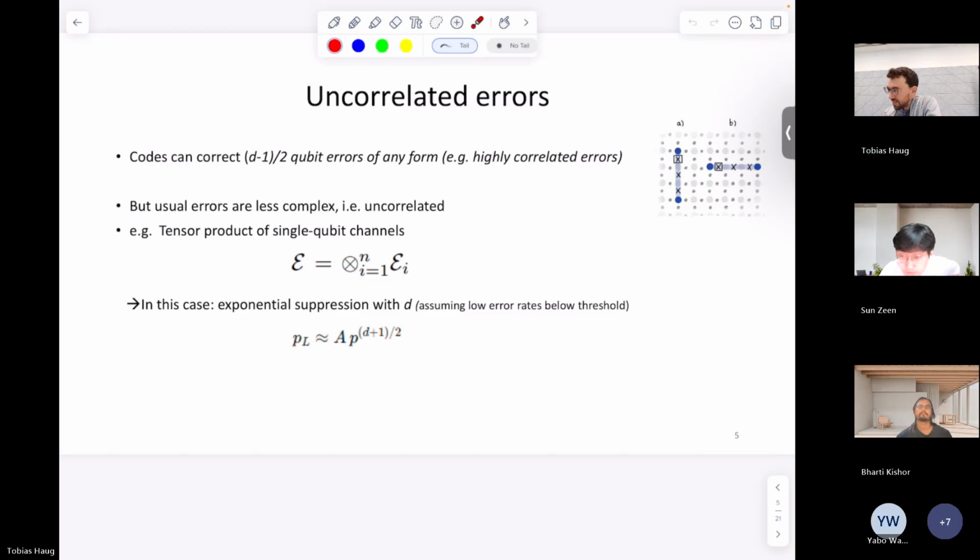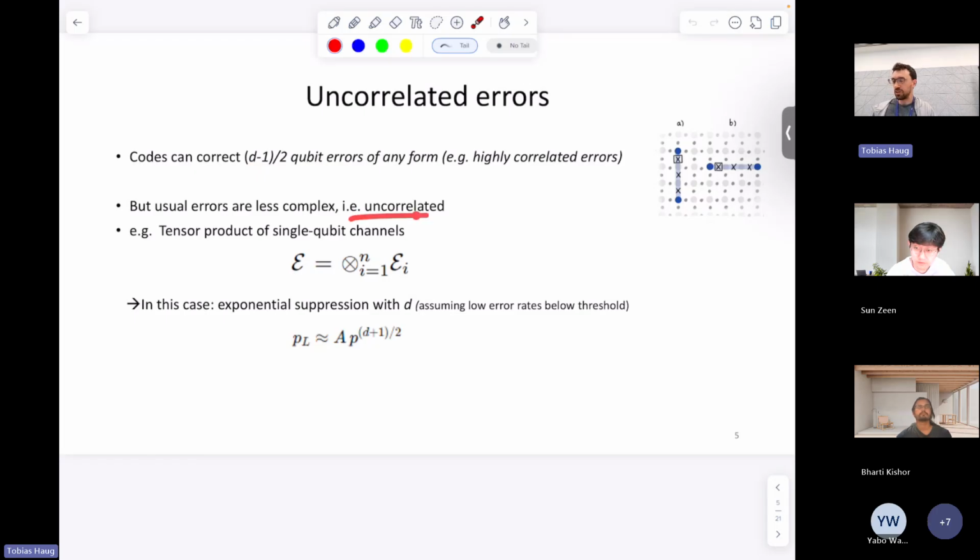Usually errors don't have this highly correlated pattern, and this worst case is actually very conservative. While we can only correct up to (d-1)/2 qubits, this assumes that the errors have a very particular form that you would probably never encounter in experiment. Usual errors don't have this highly correlated form. We can often make some assumption that these errors have a less complicated structure.